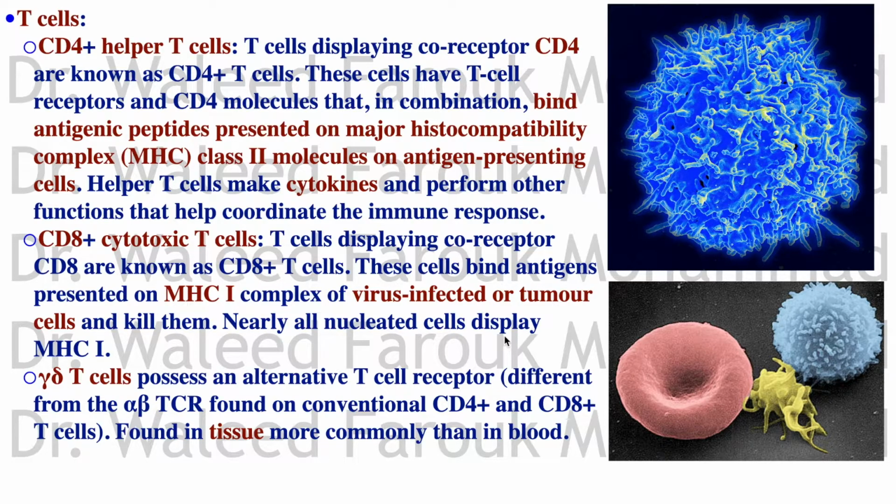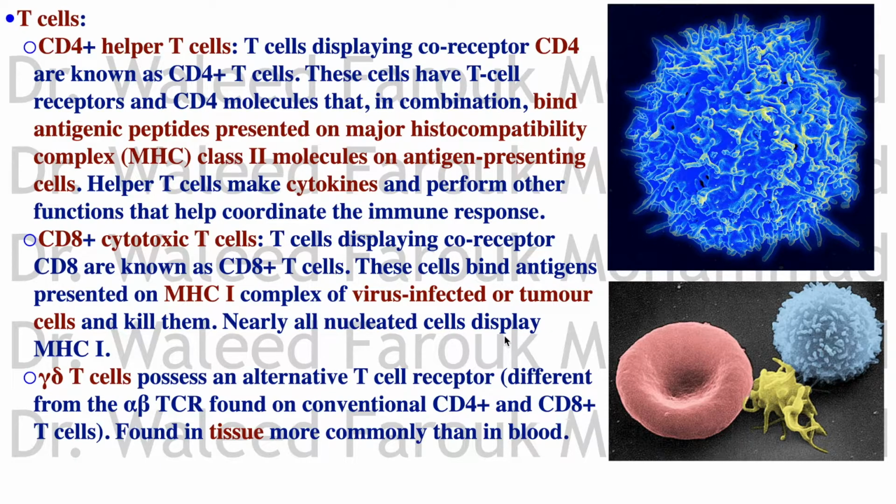The other T cells are called cytotoxic. These are the CD8 positive. They have the co-receptor CD8 interacting with major histocompatibility class 1, which is present on virus-infected or tumor cells. And major histocompatibility, we'll talk about them in the next slide.